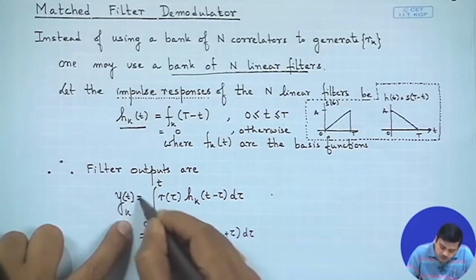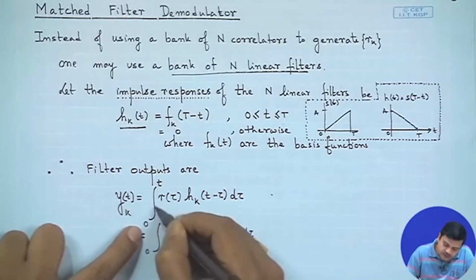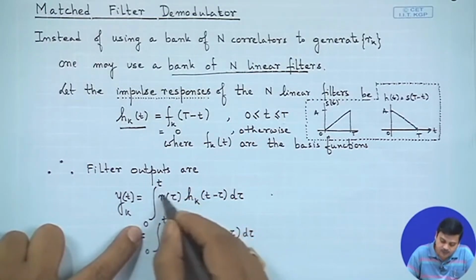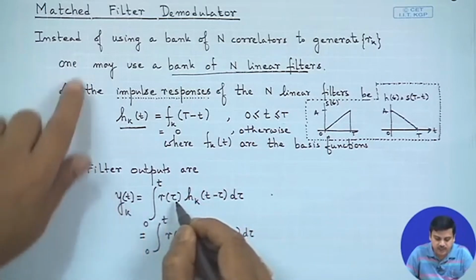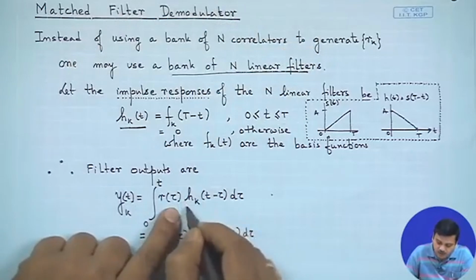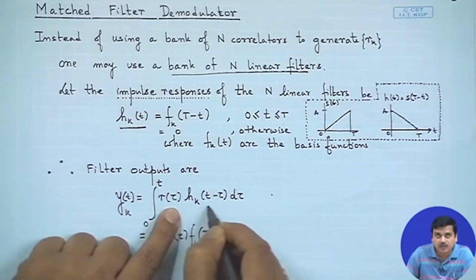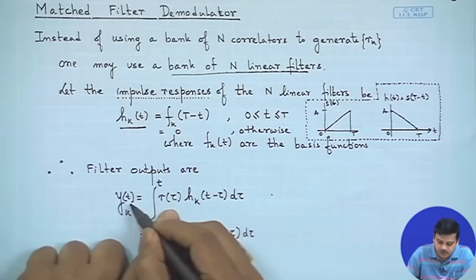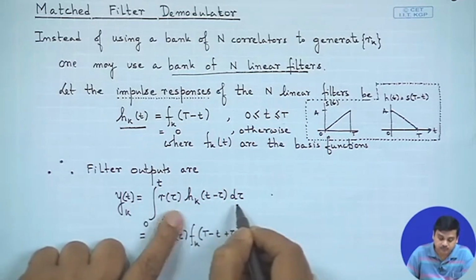So, the output of each filter would be the integral from 0 to t of r of tau, that is the input signal, convolved with the impulse response, right. That is the output of a filter, the convolution operation.